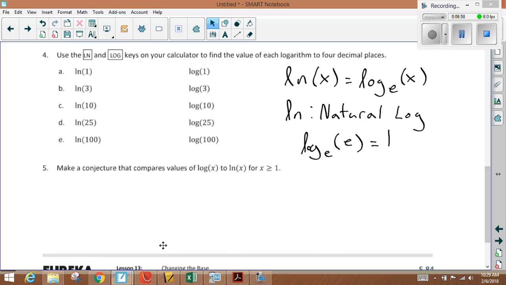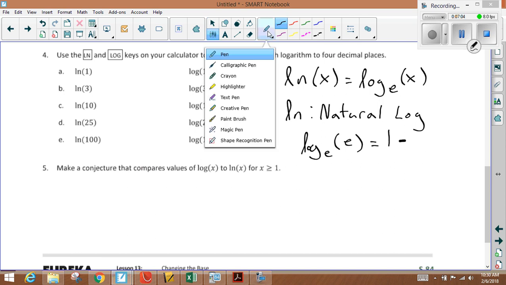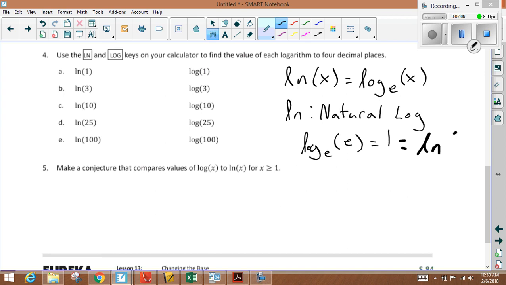All right. We don't need to go through and punch these things into our calculator because you know how to push buttons.